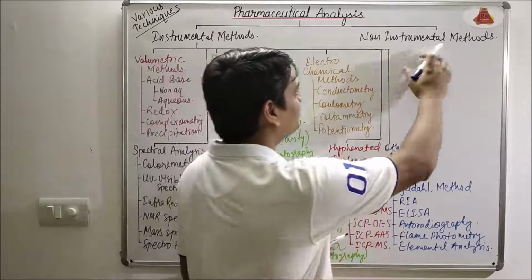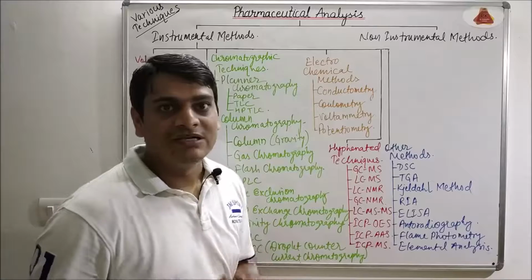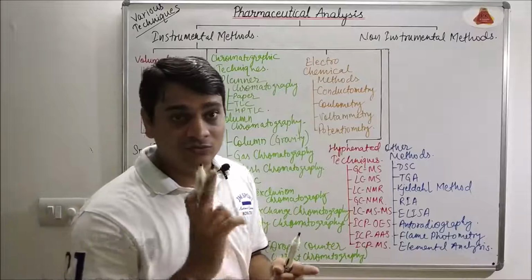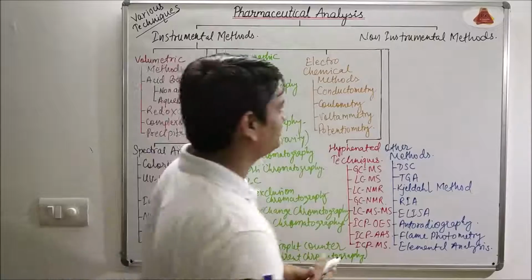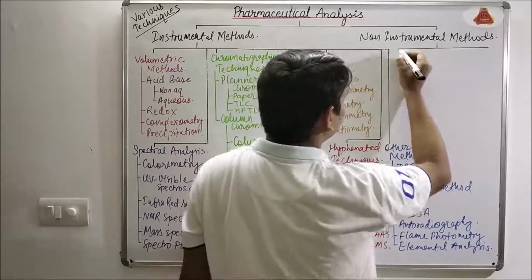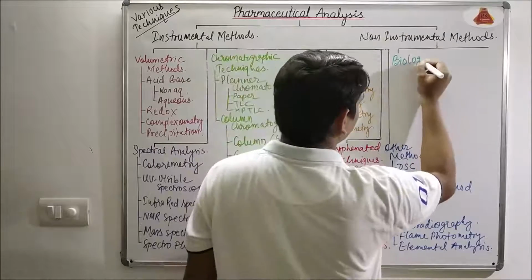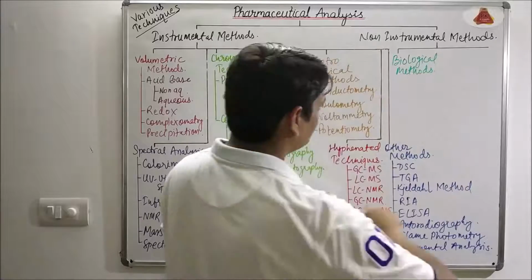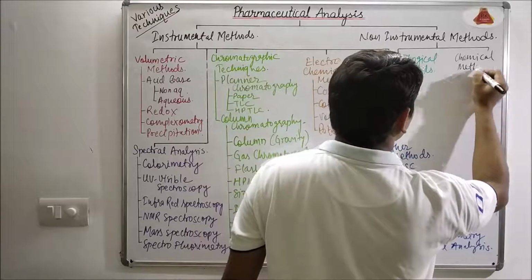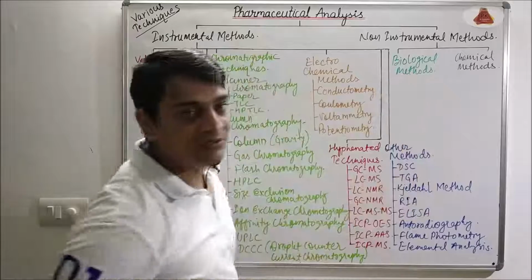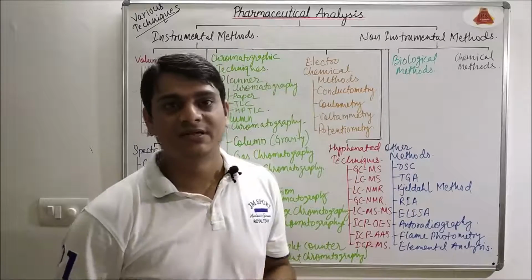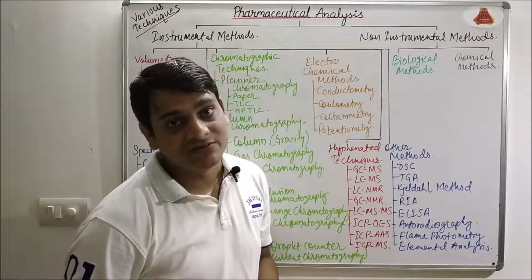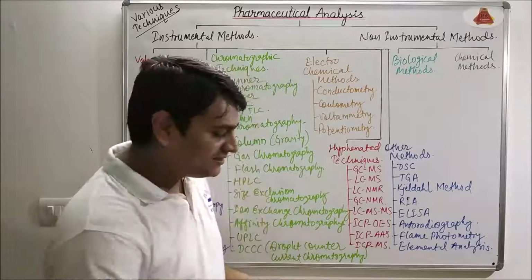Next, coming to the non-instrumental methods. Non-instrumental methods are categorized into two parts. First one is biological methods and second one is chemical methods. Again, these biological methods are categorized into three categories. First one is in vitro methods, second one is animal studies, and third one is microbiological assays.